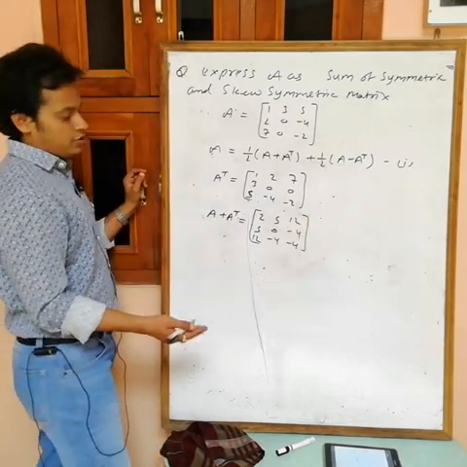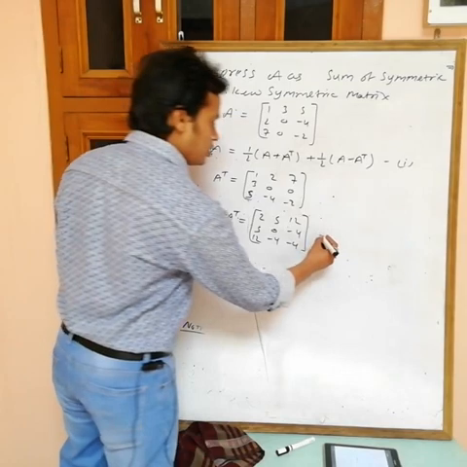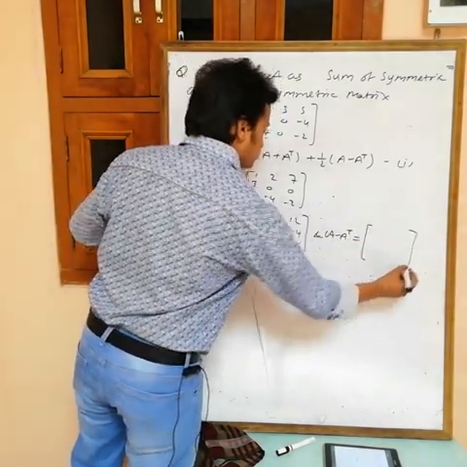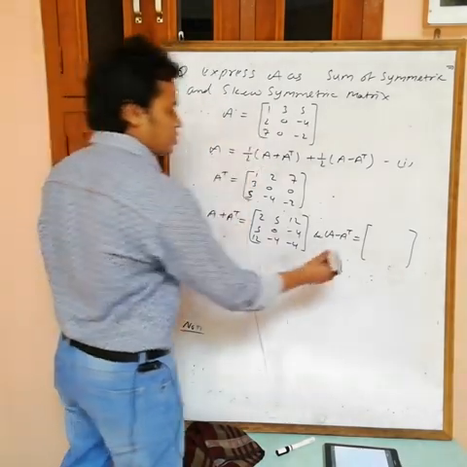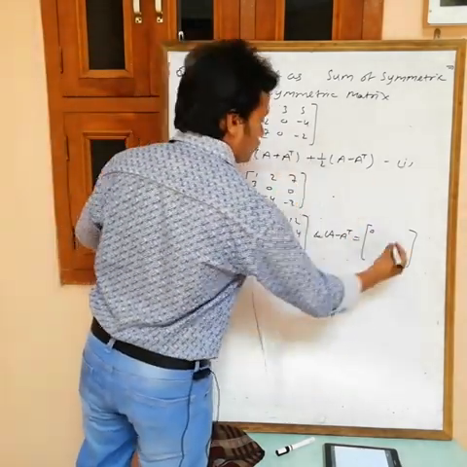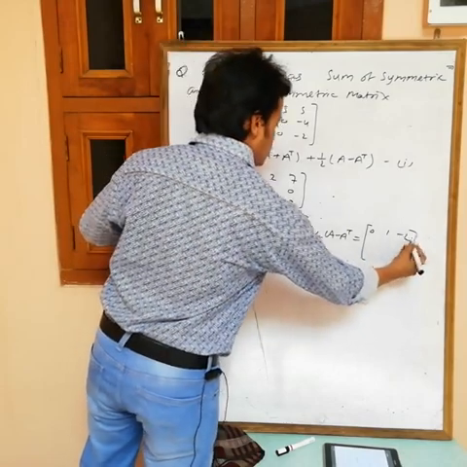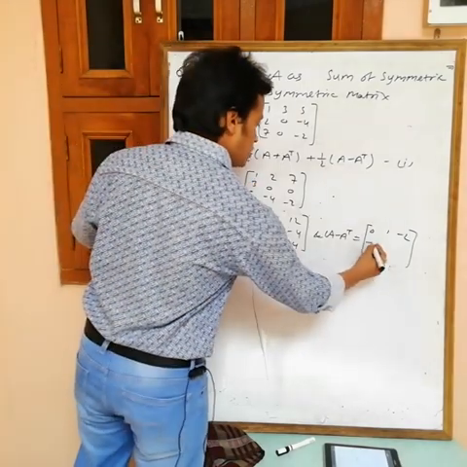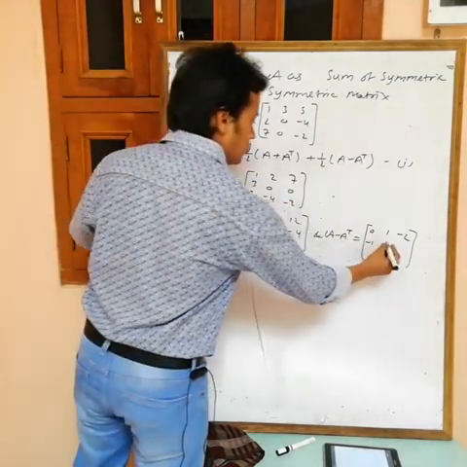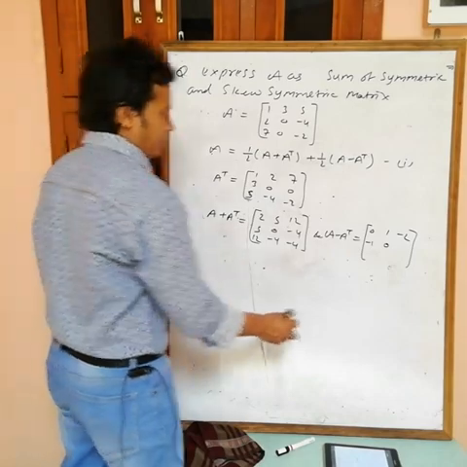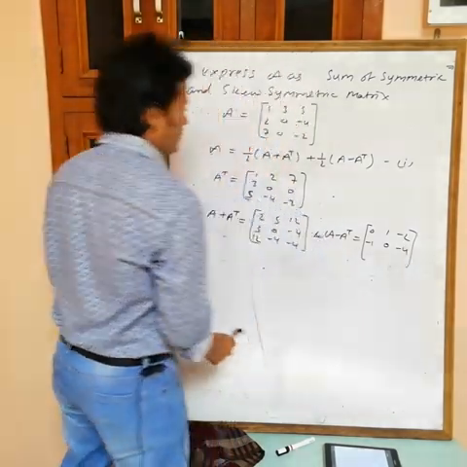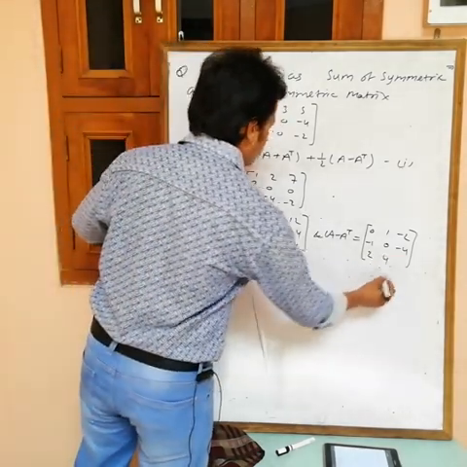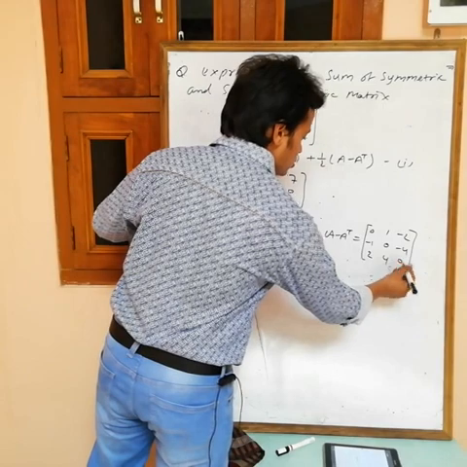Okay, and also you can see this is the symmetric matrix. And A minus A transpose: this one minus this one, 0, 3 minus 2 is 1, 5 minus 7 is minus 2, and 2 minus 3 is minus 1, then 0, then minus 4 minus 0 is minus 4, 7 minus 5 is 2, and 0 minus minus 4 is plus 4, minus 2 minus minus 2 is 0.